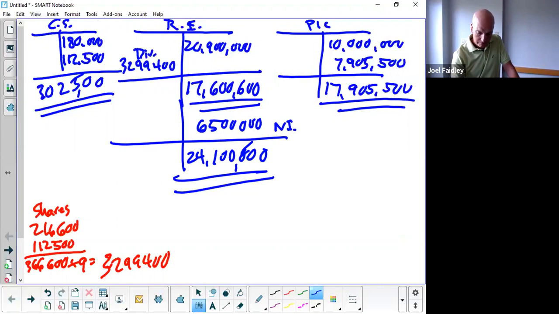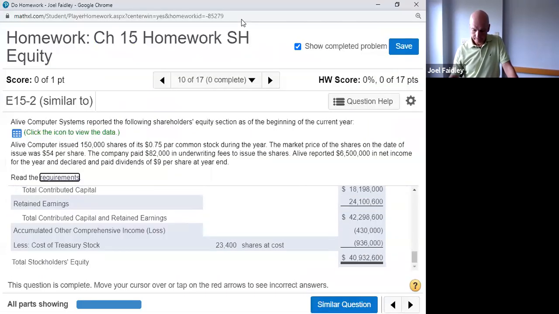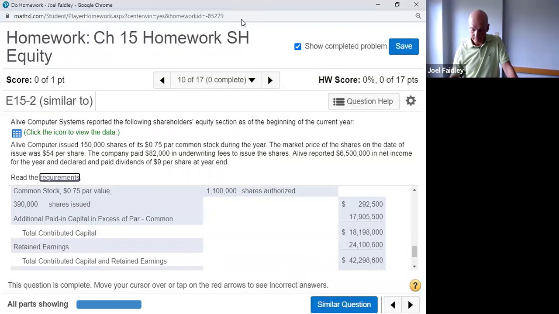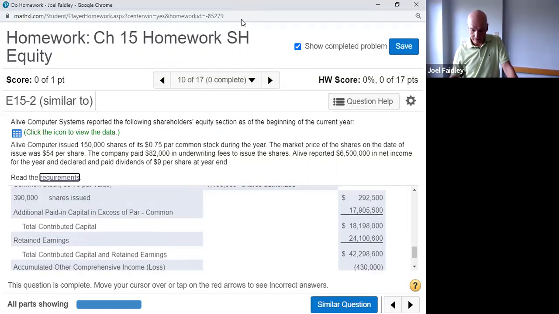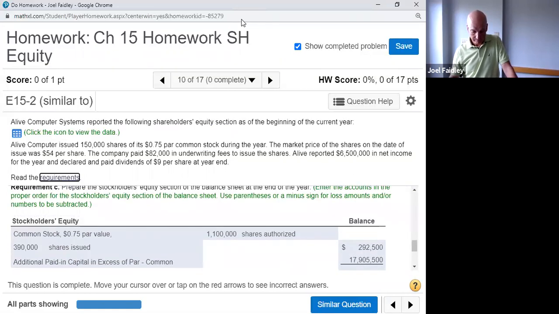There's your dividends. $24,100,600. OCI didn't change, neither did treasury stock. All right. The one thing they did leave off, they should have put shares outstanding.